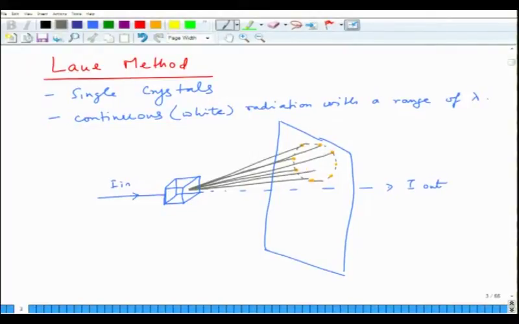You can prove crystallographically that these planes which will diffract make a sort of cone, and the center of the cone is basically what we call a zone axis. This is the zone axis, and these are all diffraction spots.